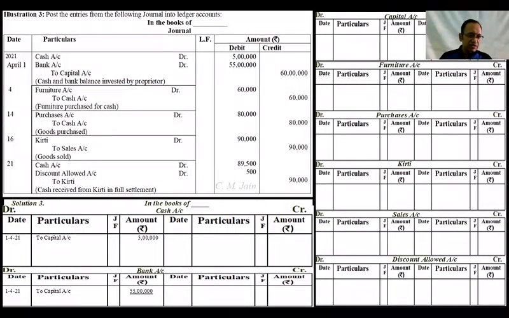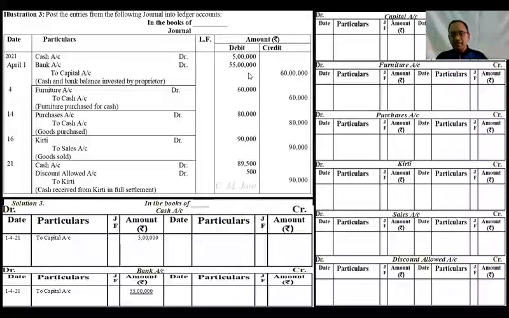Now next in journal entry, it is written to capital account. To means credit. So in capital account, we have to post this on the credit side. But what will we write in particulars? Capital account is getting credited because of 2 accounts, cash account and bank account. So we will write both of them separately, right? We cannot write 60 lakh at one go because it is being credited because of 2 accounts.